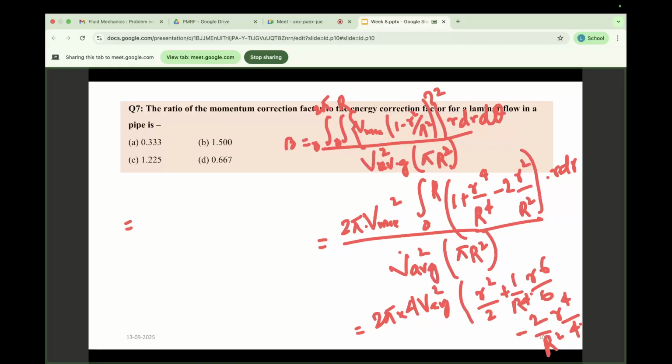That integration should be, r to 0. So that is 2 pi, 8 pi V average square.